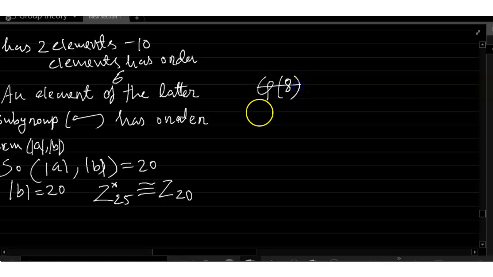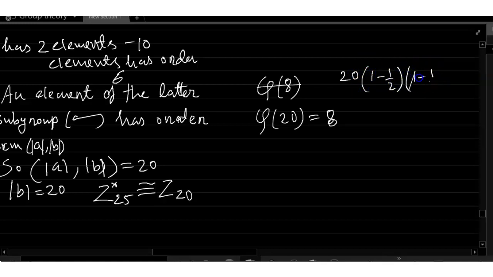Sorry, this is not; phi of 20 equals 8. How? Because 20 into 1 minus 1 by 2 into 1 minus 1 by 5, so this would become 10 into 4. So this is 8.